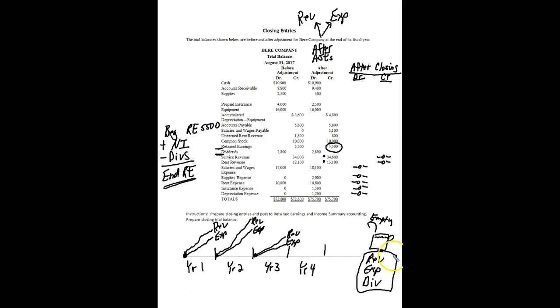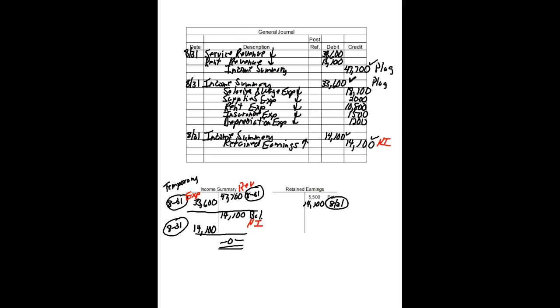So closing entries, we zero out all 3 of those kinds of accounts. Dividends reduce retained earnings. Dividends has a debit balance, and when it's all said and done, we want it to have a 0 debit amount. If it is a debit, and we want it to be a 0, we have to credit it.